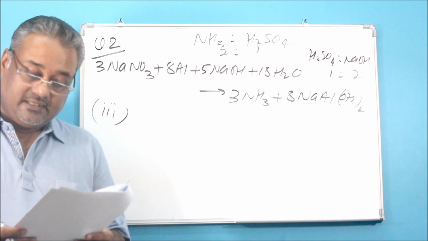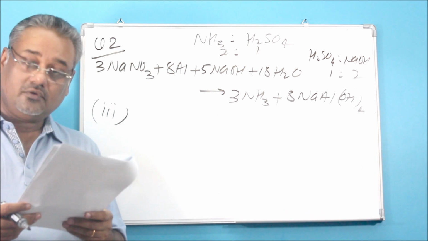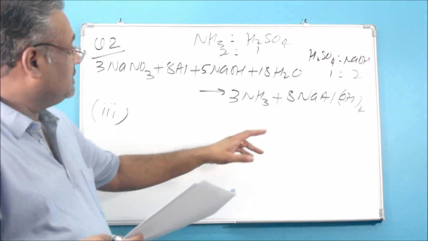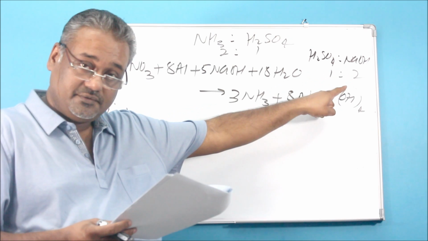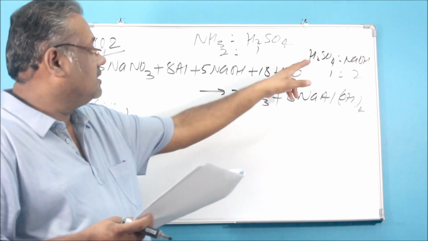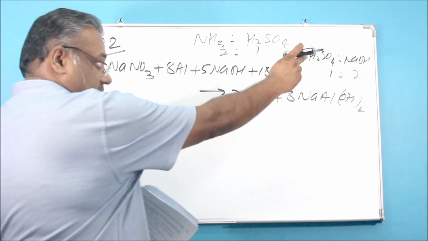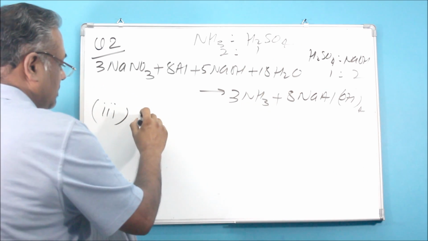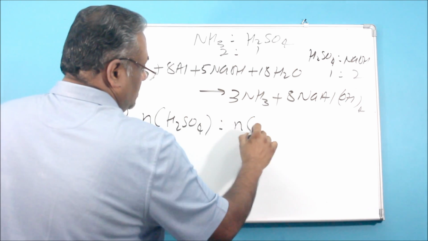Now the next question says, using this information you are supposed to find out the moles of H2SO4 that you think must have reacted with NaOH. Don't forget, in the previous question you have the moles of NaOH, and now the question wants you to find the moles of H2SO4. So all you have to do is make use of that ratio. To find the moles of H2SO4, connect this to the moles of NaOH.